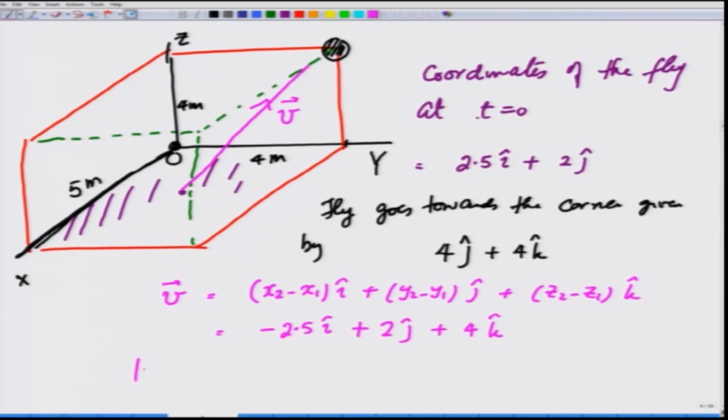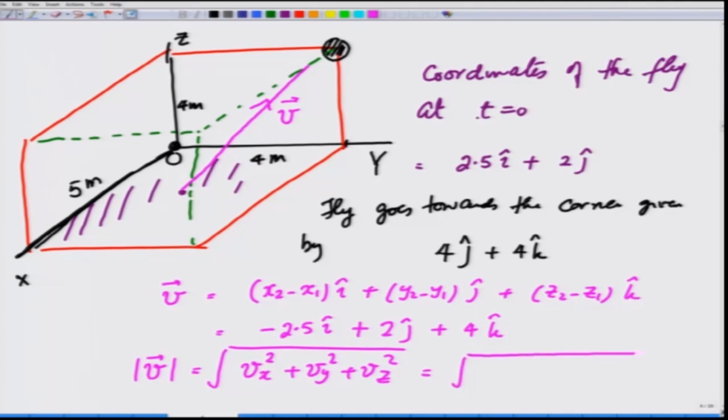The magnitude of this vector is going to be square root of Vx squared plus Vy squared plus Vz squared, which is equal to square root of 2.5, which is 5 by 2, squared plus 2 squared is 4 plus 16. Let us see how much is that.